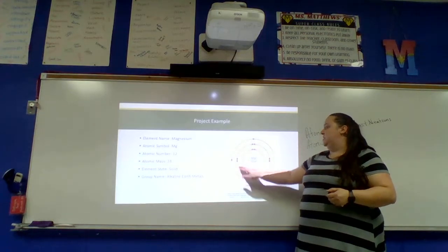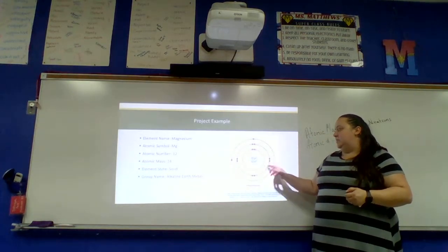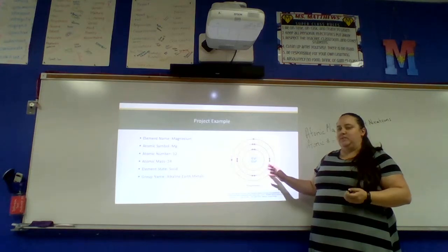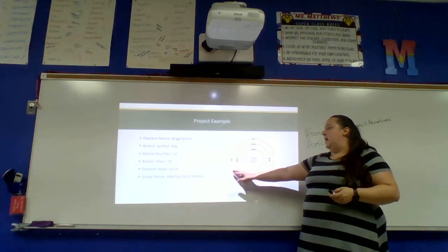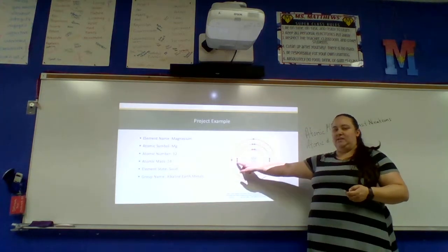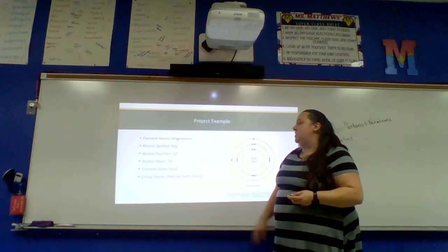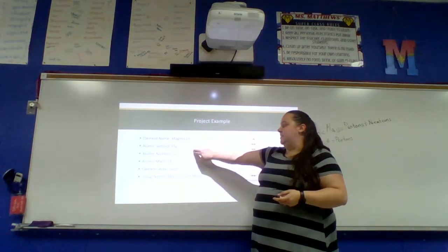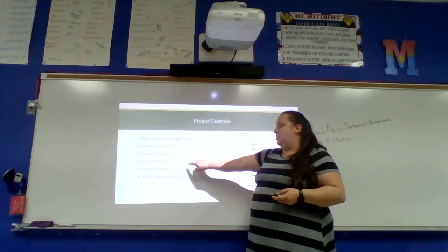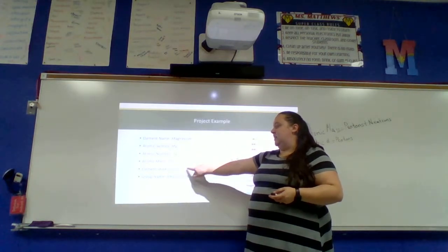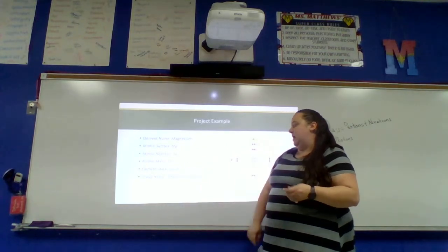And then this electron shell can contain up to 8 electrons, so it's full. And then we have to go to the outer shell to put those last 2 electrons. Here we have the element name, the element symbol, the number, the mass, the state that it's in, and the group name.